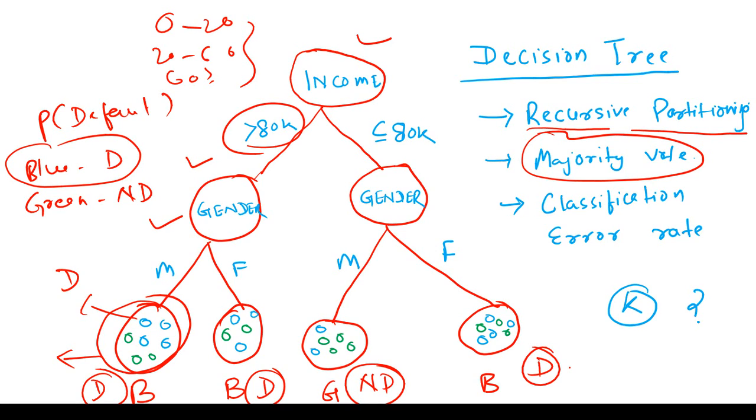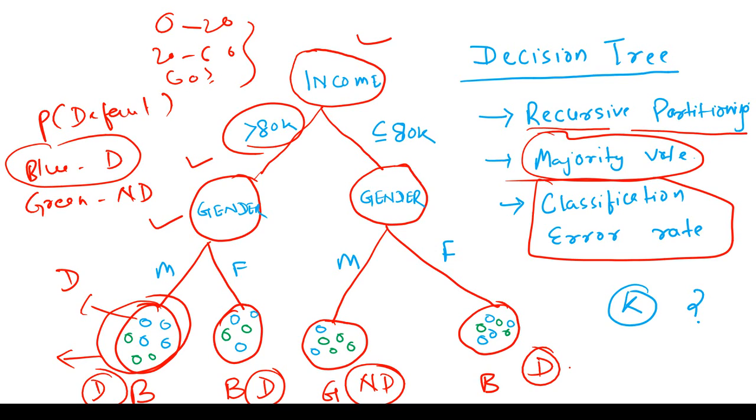And secondly, how do you know how deeply we can go down in the splitting or partitioning of the data? These two things we will come to know using what is known as the classification error rate. So you choose that threshold value, and you choose that number of partitions, based on the classification error rate.